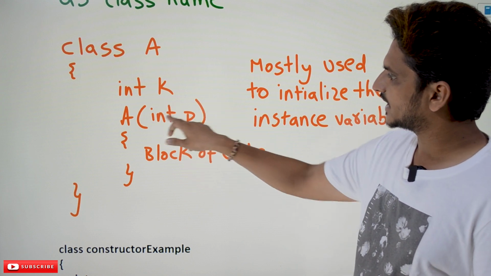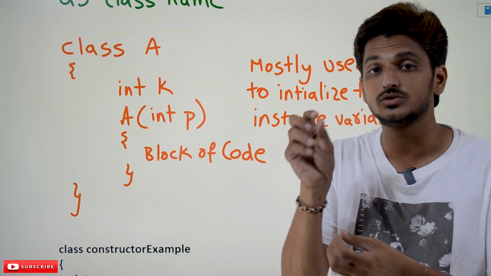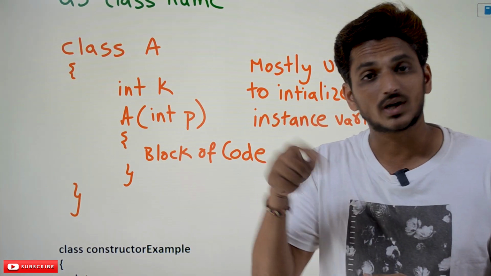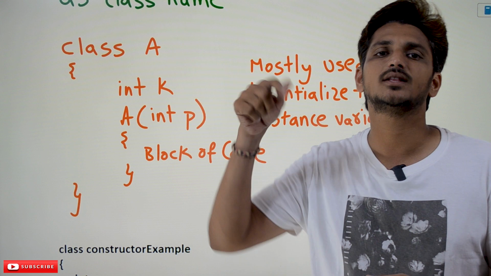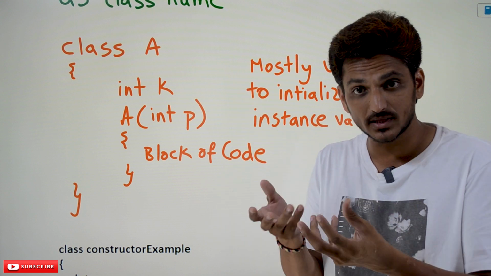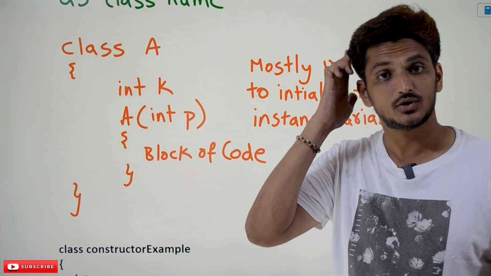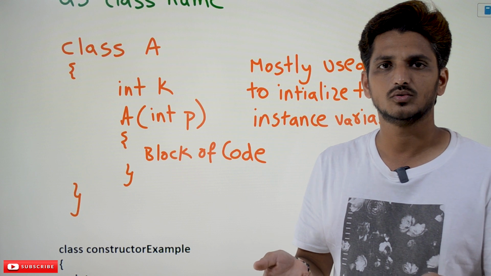Open brackets, close brackets, int p means whenever we call the constructor, we need to send a value. What type of value? Integer type. Similarly, with methods, if you declare int p in a method, we need to send an integer value.